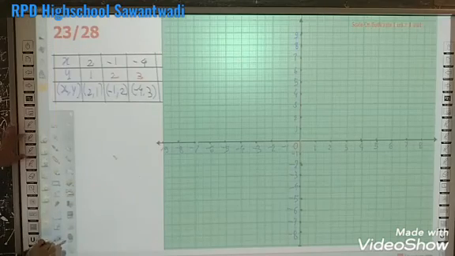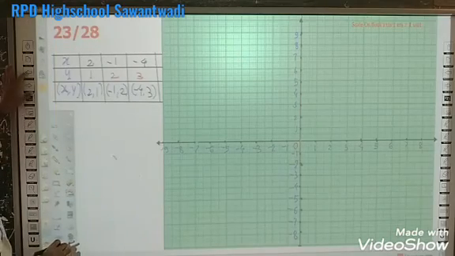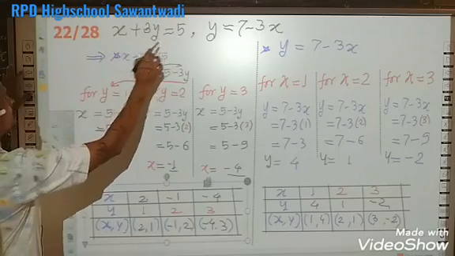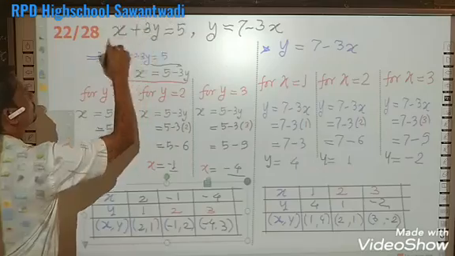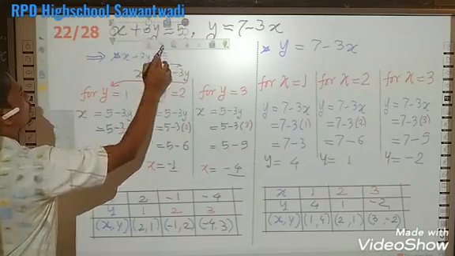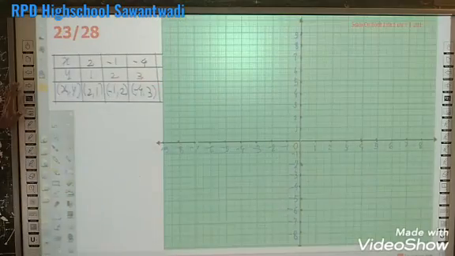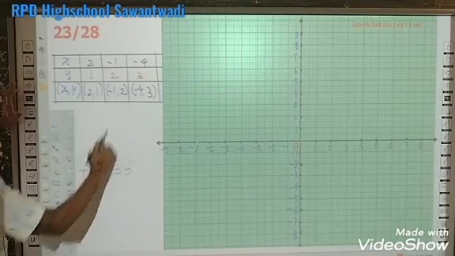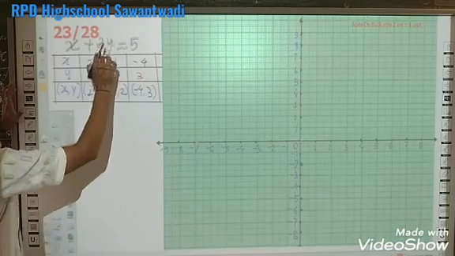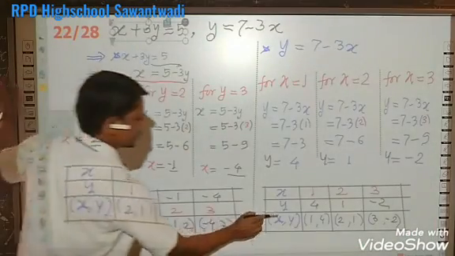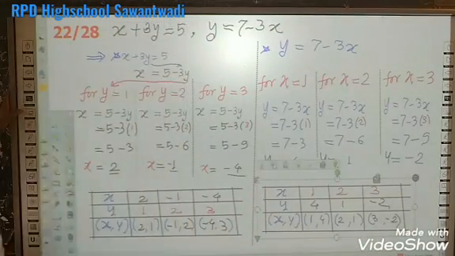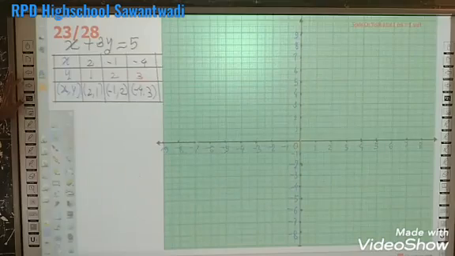This is the first table. What's the equation? Let us put the equation here. The equation is x plus 3y is equal to 5. This is the equation. And what's the second? Second table is present here. And I'll put this side. I'll put below.